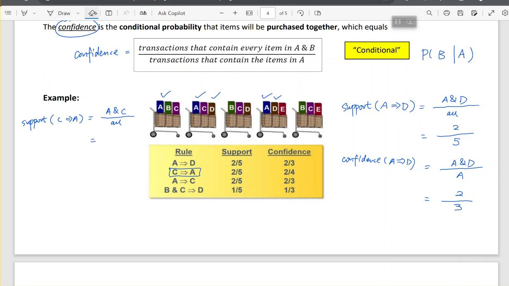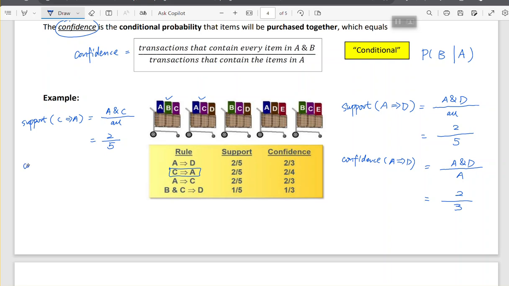Okay, so let me erase that. How many of them? 1, 2, A and C, so that would be just 2, right? Out of the total number of transactions, 5, right?